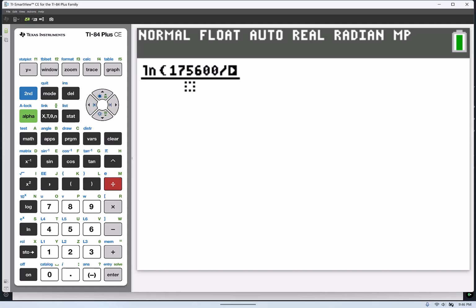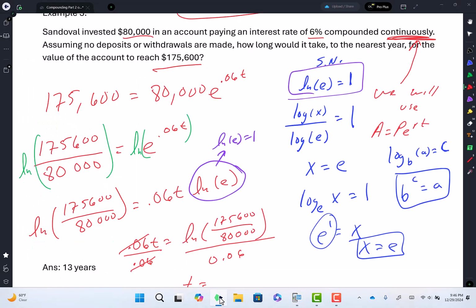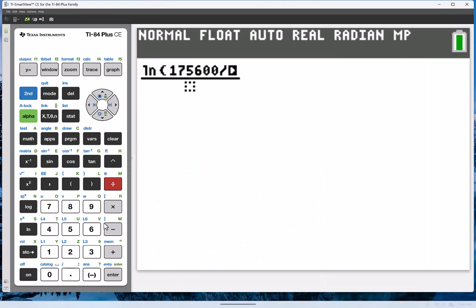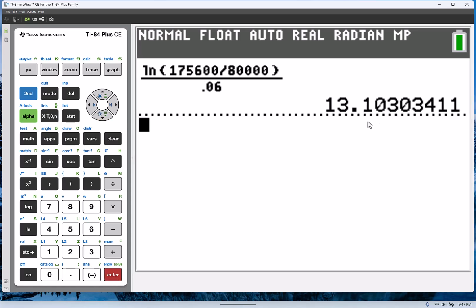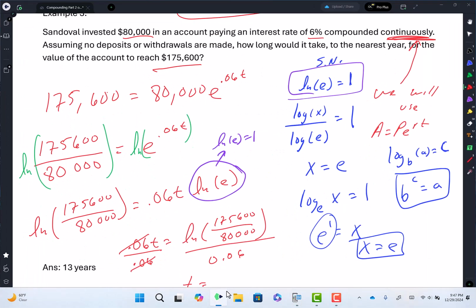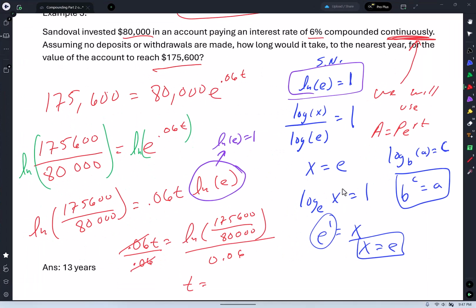It's fine because we only have numbers here. You just got to be careful. 80,000, all divided by 0.06. And there it is. 13.1. Did they say nearest year? To the nearest year. So t equals 13 years.